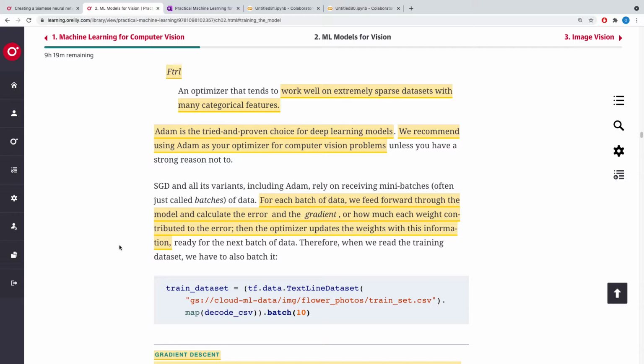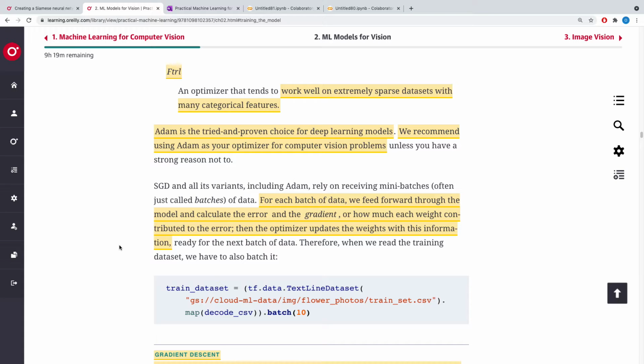So we feed a batch of data into our network, we calculate the error, we look at the loss function based on an equation, a loss function between our target and the output of our network. And we calculate the gradient, which is a differentiation, or how much the weight contributed to the error.